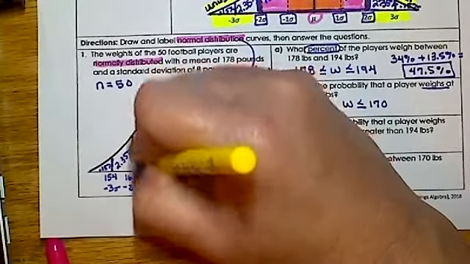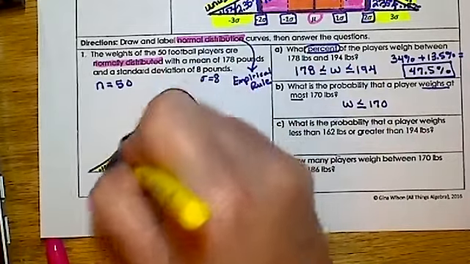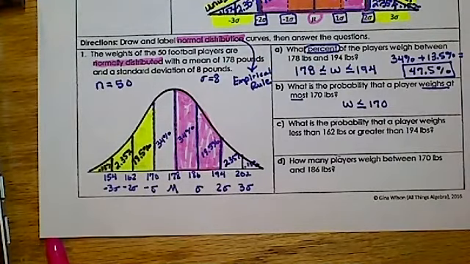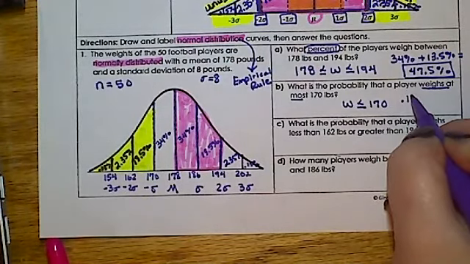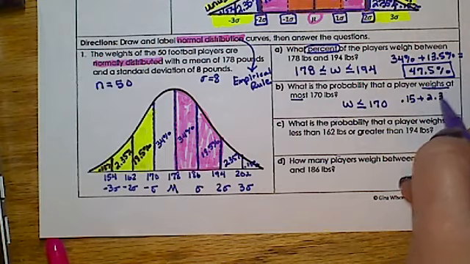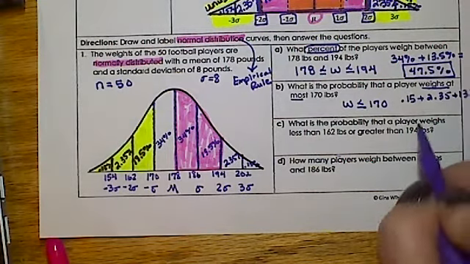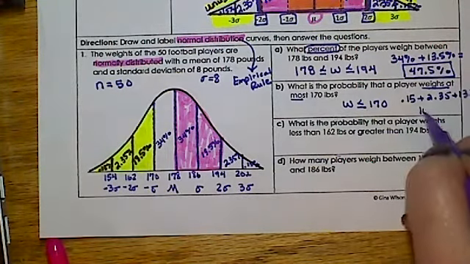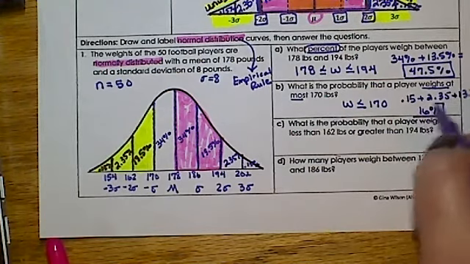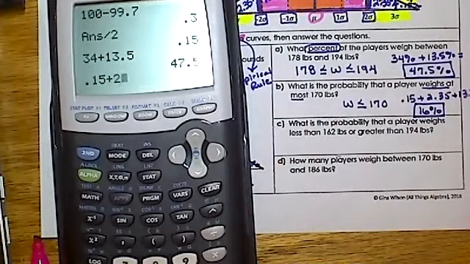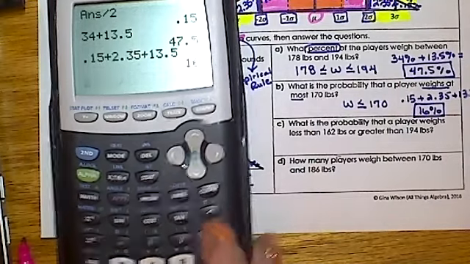So you're looking at those percentages to the left of 170. So you would add 0.15, 2.35, and 13.5. So that would be 16%. So we're just adding those up.